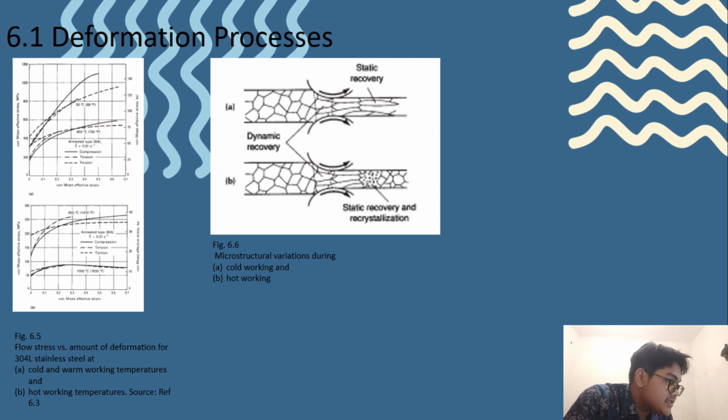As we can see in figure 6.6, the microstructural variation during A, cold working, and B, hot working. Equiaxed grains in figure 6.6 B1, as in steels and nickel alloys, or equiaxed subgrains are formed within the elongated grains as in aluminum alloys.